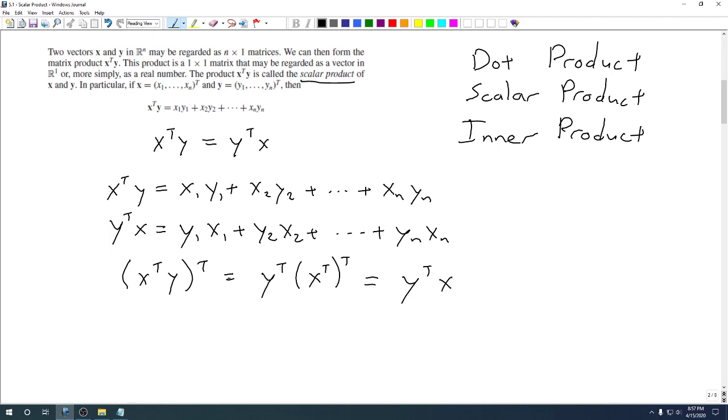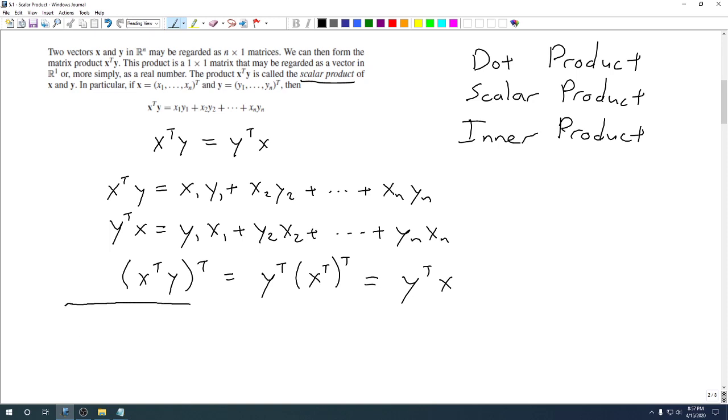So from a matrix perspective, these are transposes of each other, but the transpose of a one-by-one matrix doesn't change anything. So we do get the same result. It is important that when we think of this as a scalar product, we can switch the order without having to worry about it. We are going to make use of that idea pretty shortly.